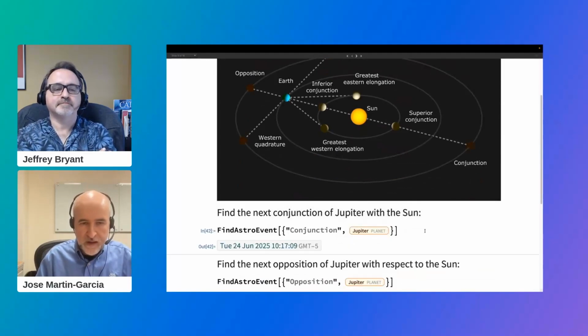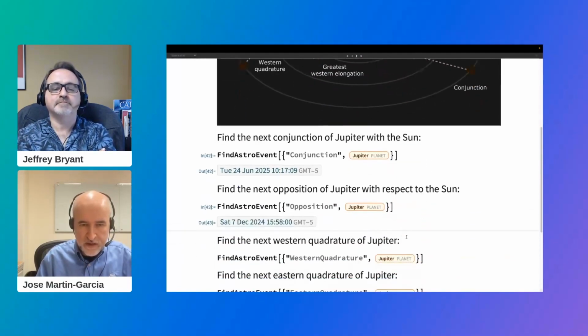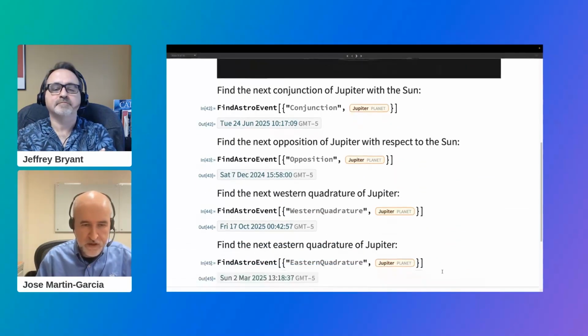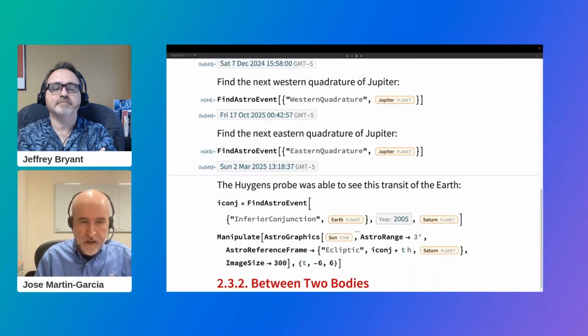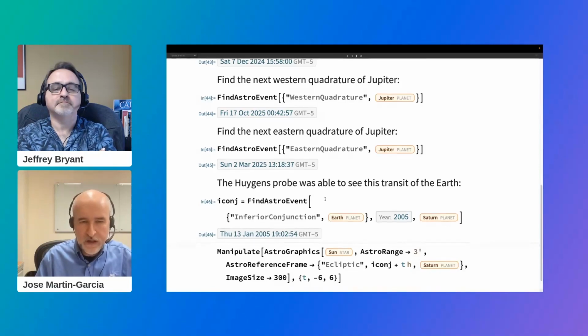For example, that will be the next conjunction with Jupiter. That will be the next opposition, western quadrature, and eastern quadrature. Right? Something that Brett presented yesterday was the inferior conjunction of the Earth as seen from Saturn. Again, we can observe from anywhere in the solar system.